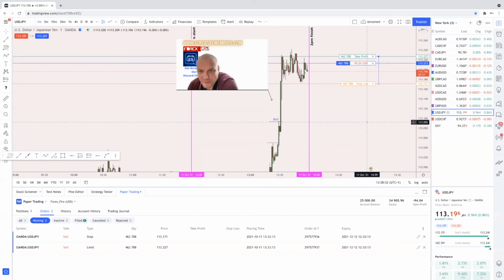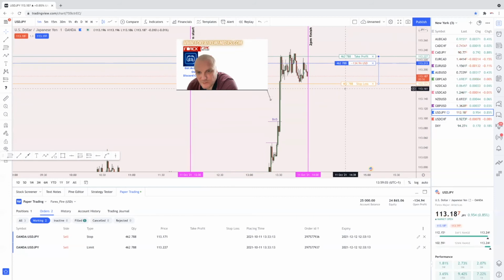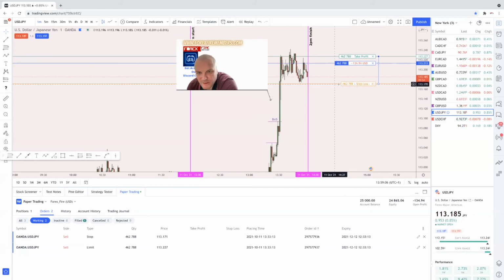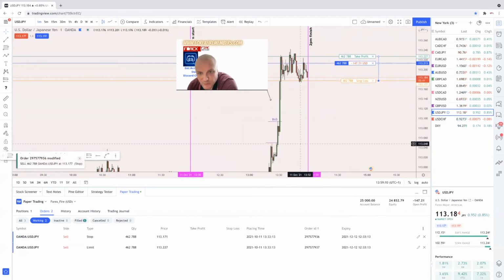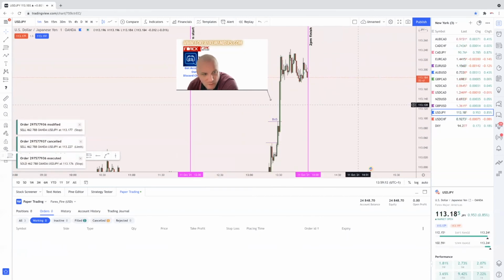I would have thought it's going to go down and hit the stop loss. Yeah, it's heading down towards the stop loss. Let's bring the stop loss in a bit closer, to be fair, just to see what happens when it hits either the take profit. There we are. It's hit the stop loss there.